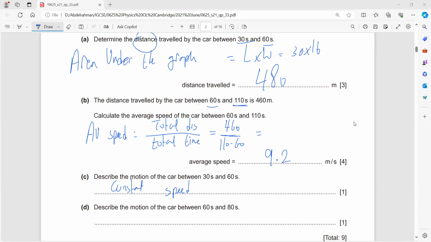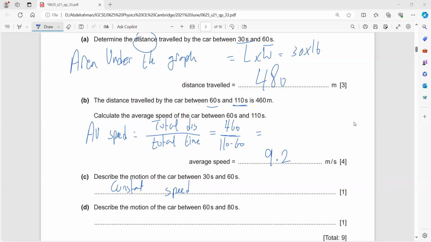Why? Because if the final answer is wrong, I will give you a mark for the equation. For example, if the final answer is wrong for whatever reason, I can give you 3 out of 4 in this question if you write down the equation and substitute with the correct numbers. That's why I tell you, write down the equation, substitute with the numbers, and then calculate.